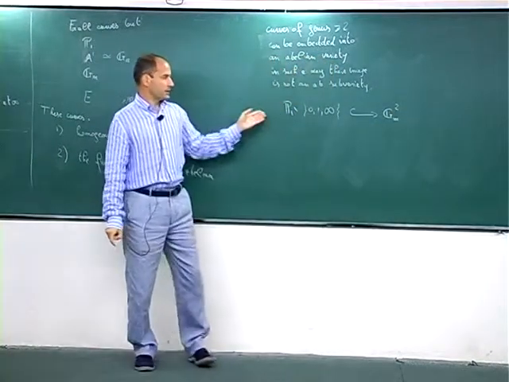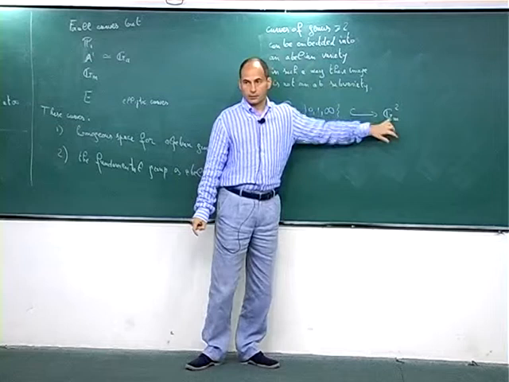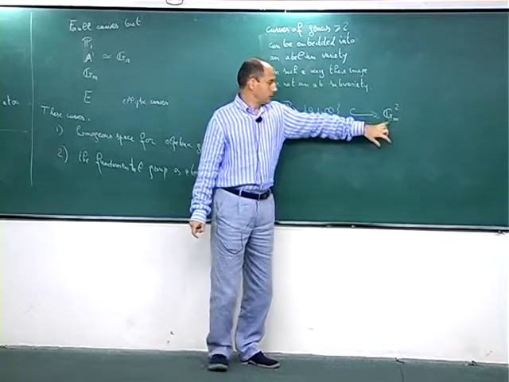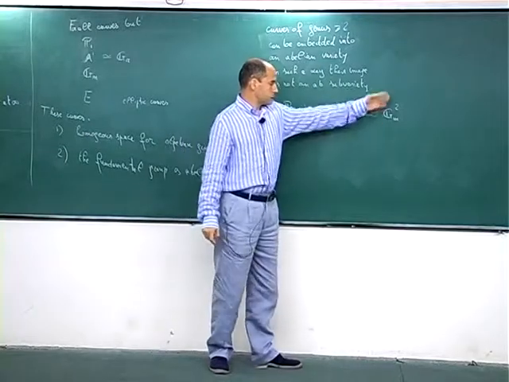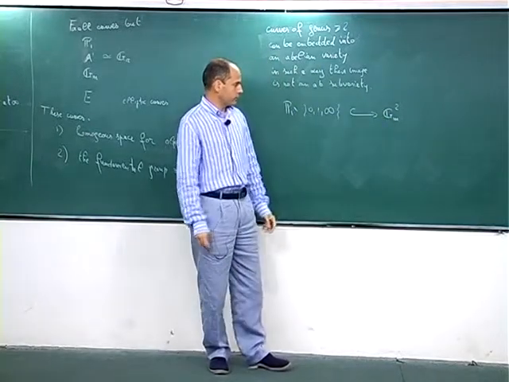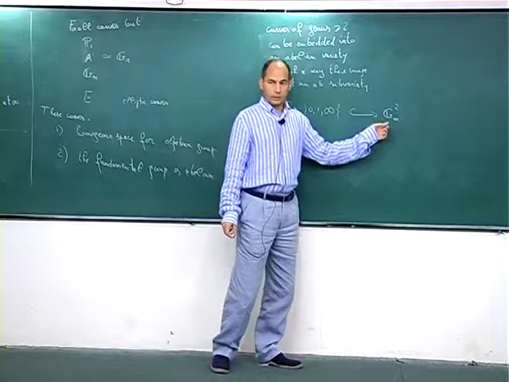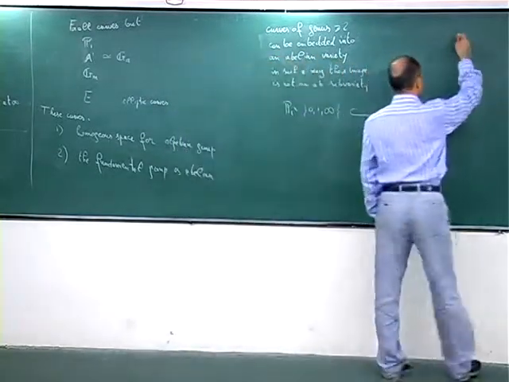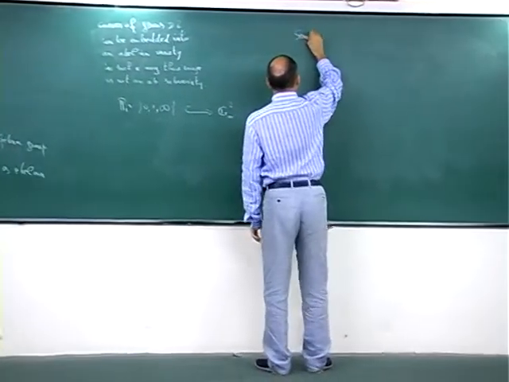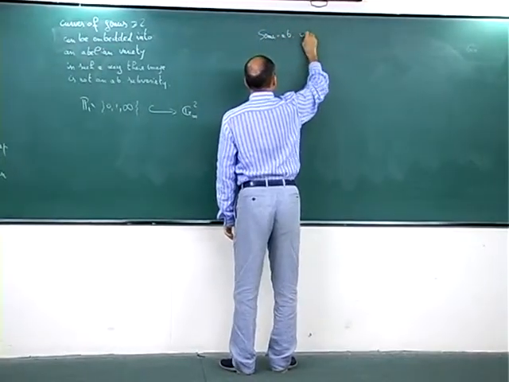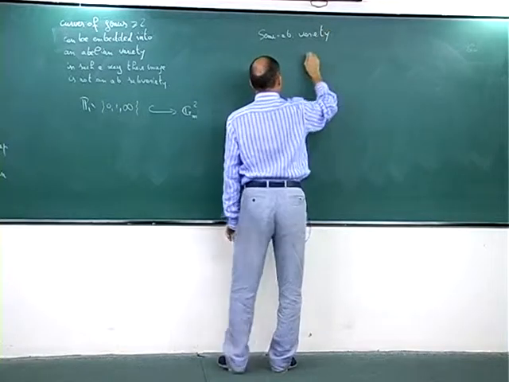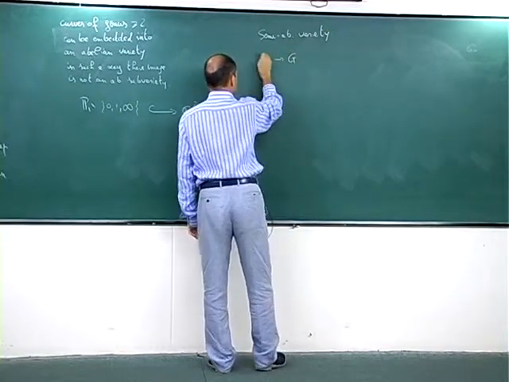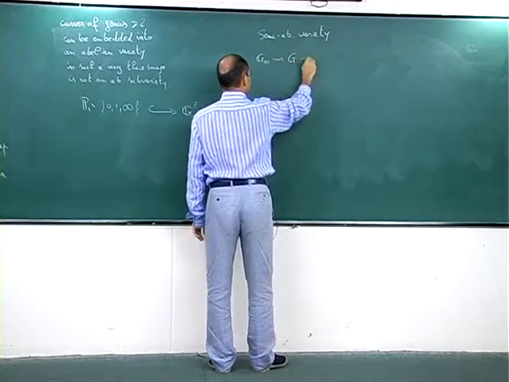And the image is a line in Gm squared, which is not a subgroup. And Gm squared is a torus, which is an example of a semi-abelian variety. In general, we define a semi-abelian variety as an extension of an abelian variety by a torus.